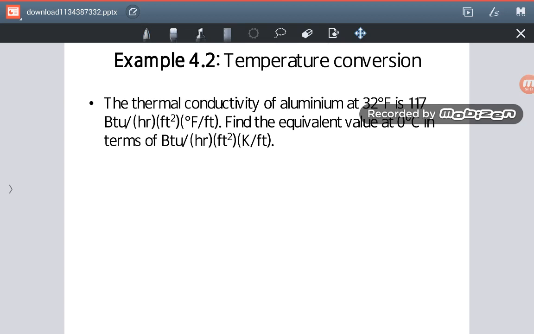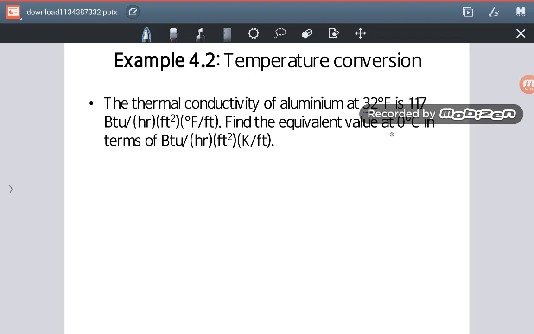So the next example is about temperature conversion. The thermal conductivity of aluminium at 32 degree Fahrenheit is 117 BTU per hour feet square degree Fahrenheit per feet.